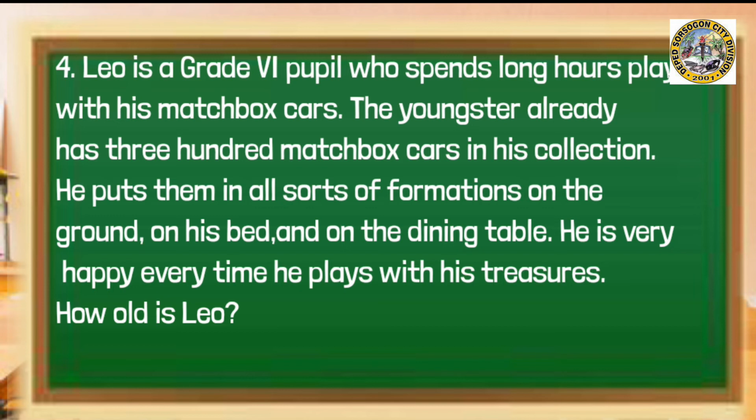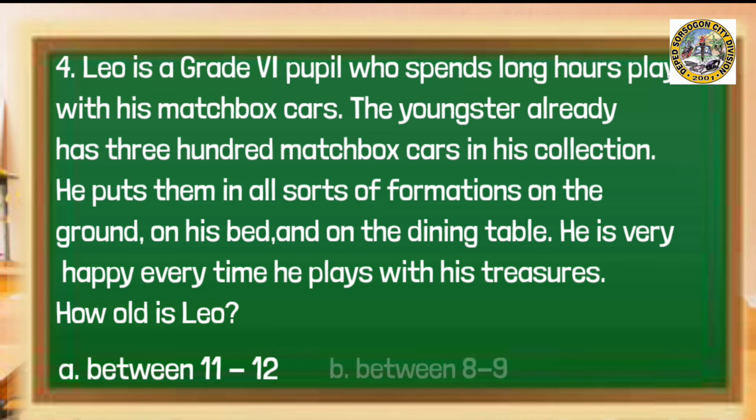He puts them in all sorts of formations on the ground and his bed and on the dining table. He is very happy every time he plays his treasures. How old is Leo? Letter A, between 11 and 12. Letter B, between 8 and 9. Letter C, between 13 and 14.